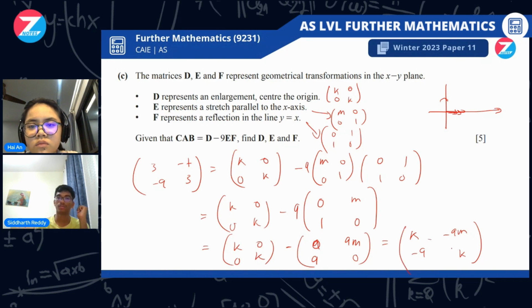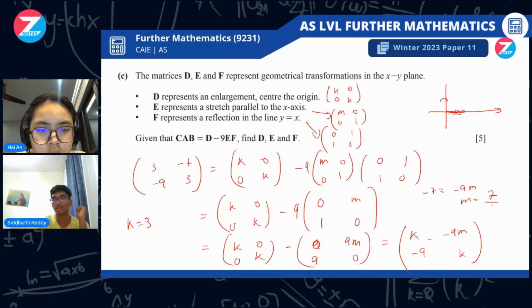So upon comparison, it becomes obvious that k is equal to 3, and minus 7 is going to be equal to minus 9m. So m is just nothing but 7 by 9, right?